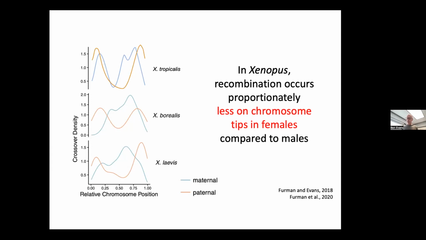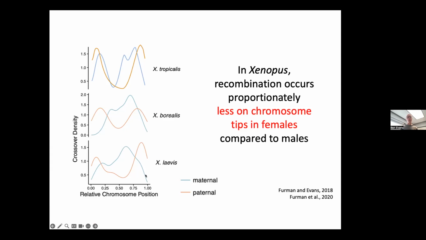And so you can imagine that if it's beneficial for a trigger for sex determination to exist in a place that has low recombination, in our case, for Xenopus, the triggers for sex determination are female inherited, so they're on a W chromosome. So we'd expect them, based on this recombination landscape, to be situated on the tips of chromosomes.